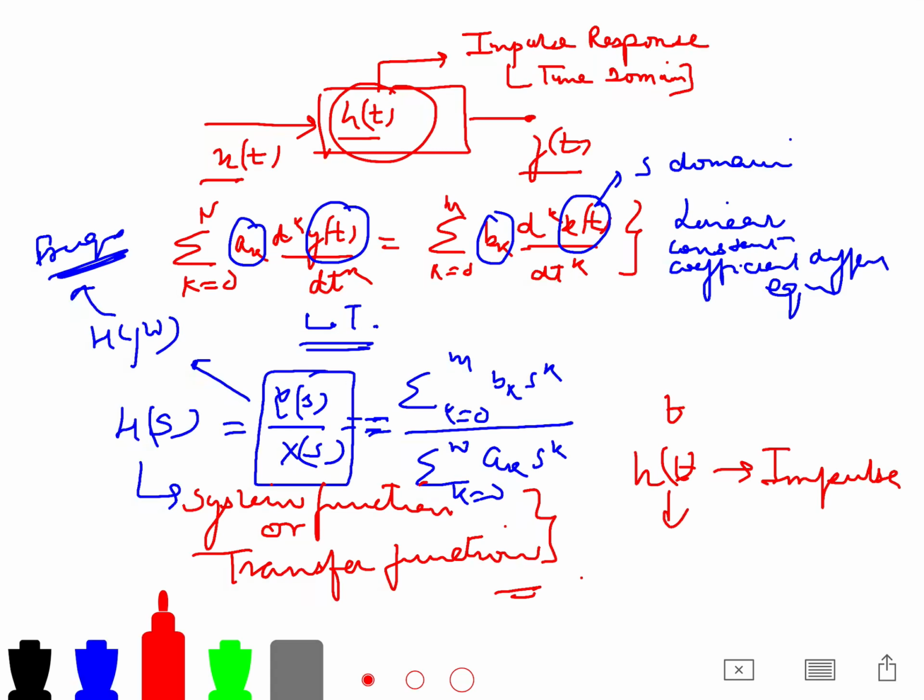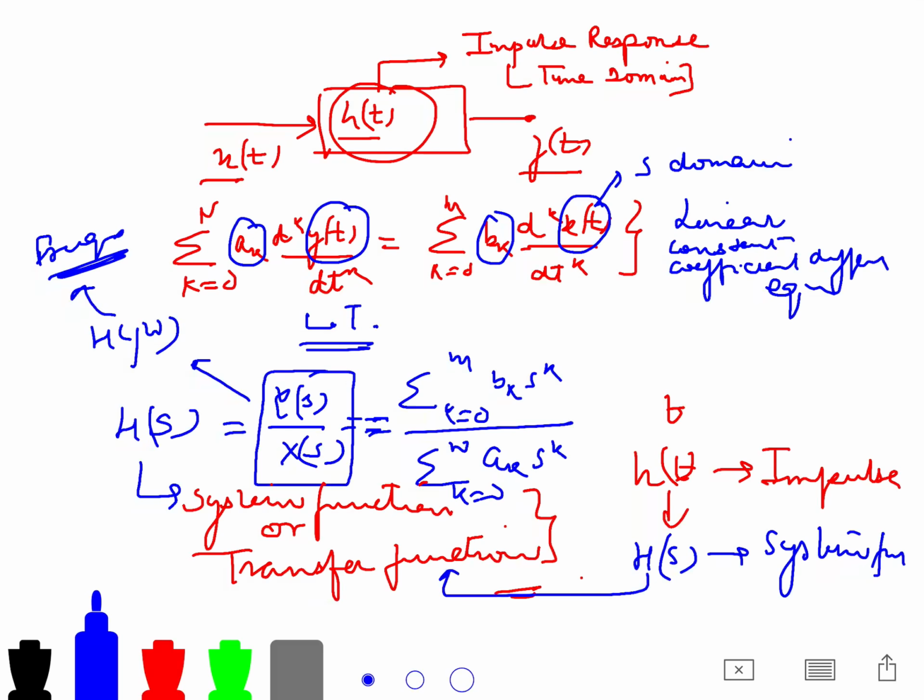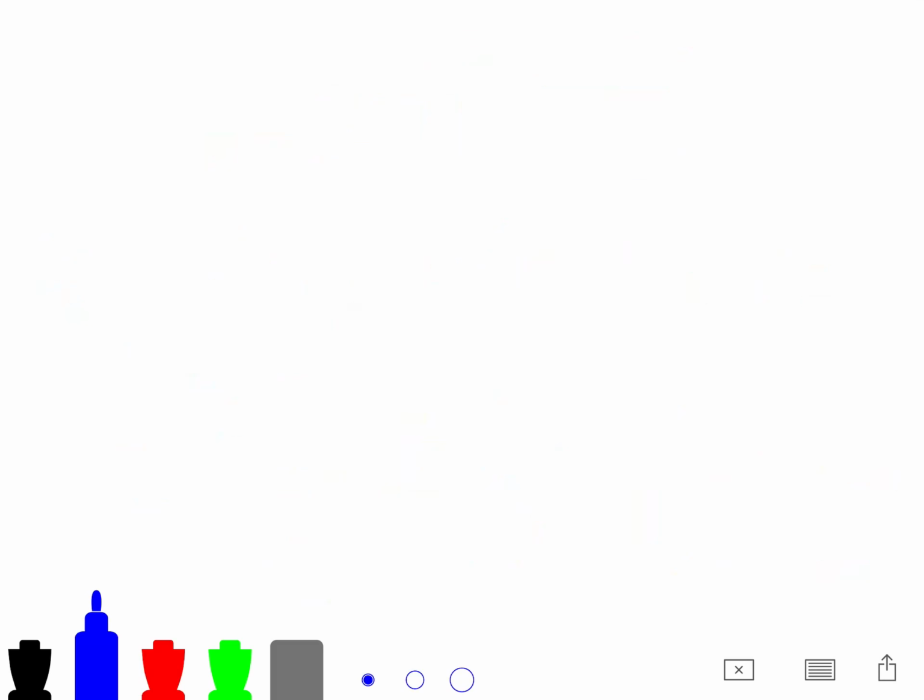So you have to keep in mind that in time domain this h(t) is the impulse response, and when you represent it in S domain, it is H(s), the system function, or we can call it a transfer function also, right?